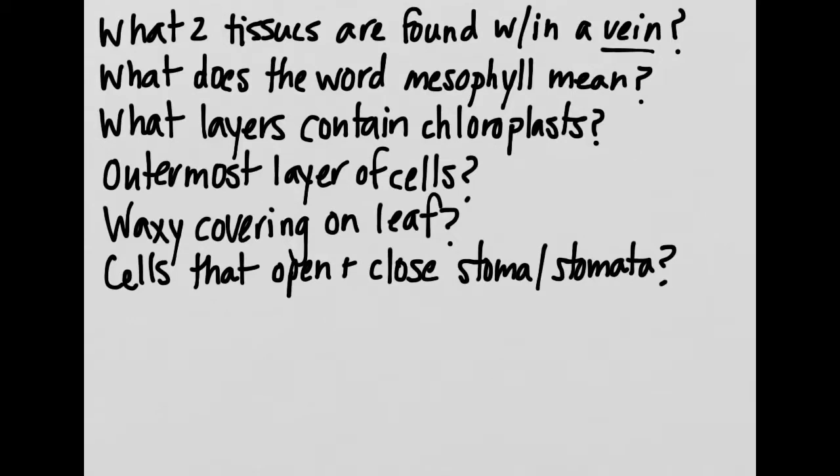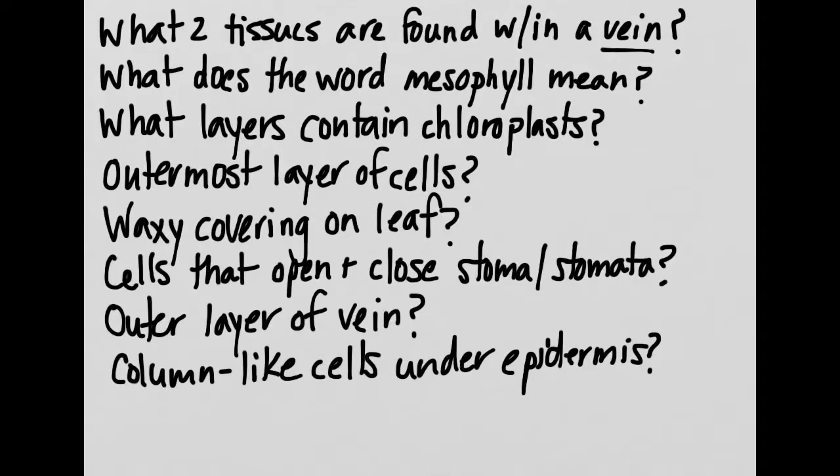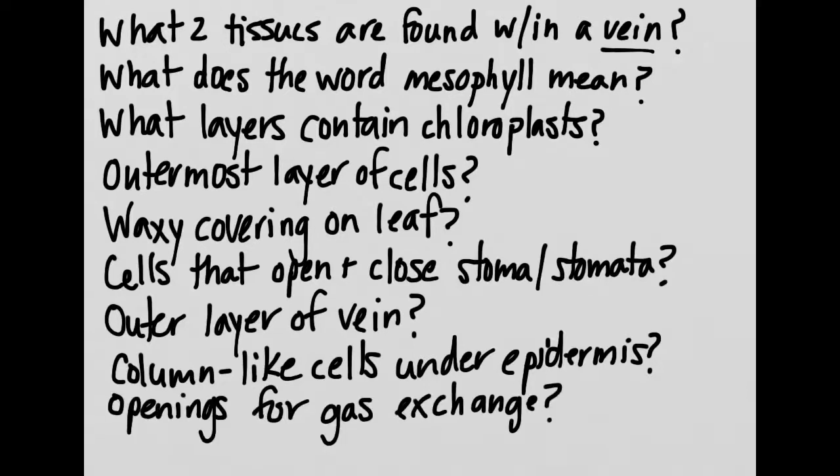Also know what is the outer layer of the vein called. Know what is the name of the cells that are shaped like columns that you'll find under the epidermis. Know the openings that will allow for gas exchange. And then lastly, know the stalk that connects the leaf to the stem. Actually, no, scratch that last question. Just know the ones that I have listed here.